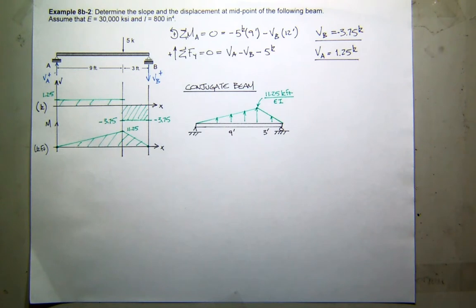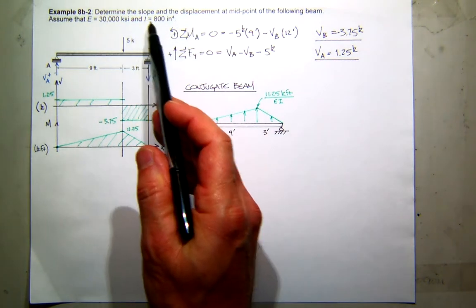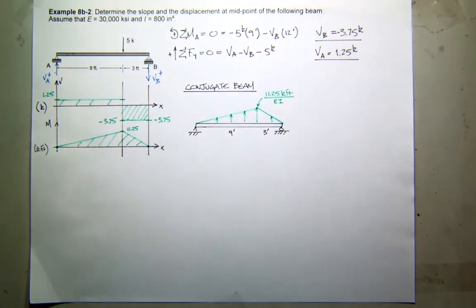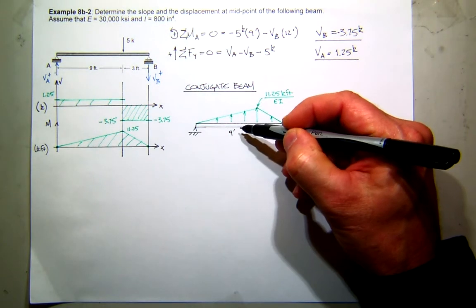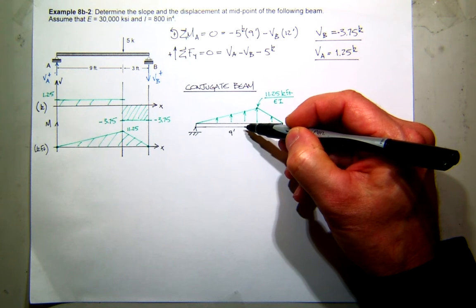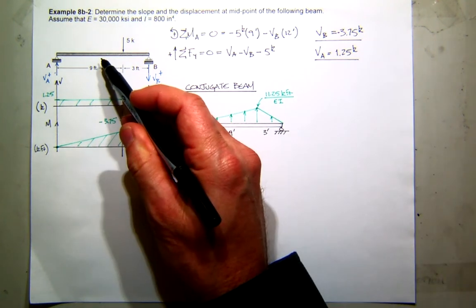What do I want to solve the problem for? Well, the original problem wants the slope and displacement at the midpoint. The midpoint is right about here at 6 feet. So I want the internal value of shear and moment in the conjugate beam, and that will tell me the slope and displacement in the real beam.